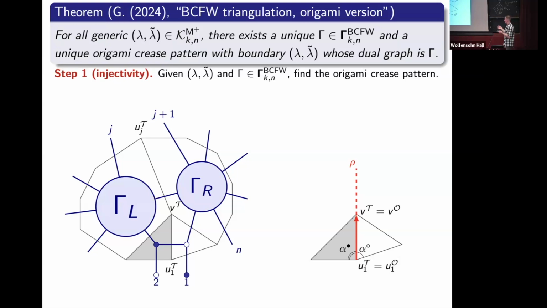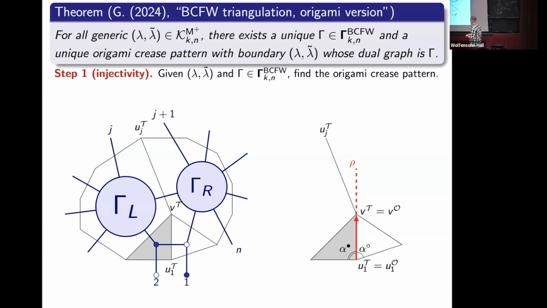And then how do I find where it is on this ray? Well, I notice that since gamma is given to me, I know this vertex U sub j. So the boundary vertex U sub j is known to me, and I know that this edge here is an edge of the origami crease pattern. So I know that my origami map is going to be an isometry on this edge. The origami map is defined after shift and rotation, so I can shift and rotate it in such a way that it fixes the white triangle.